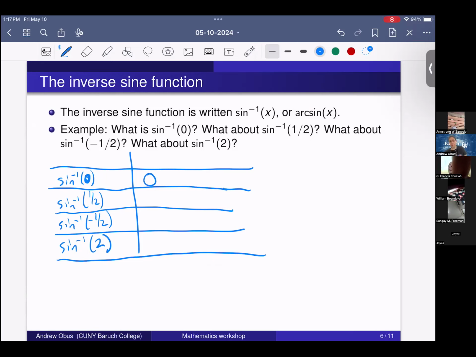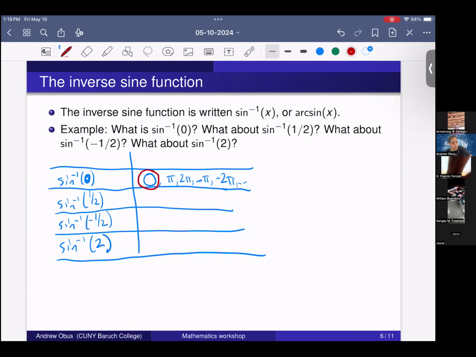Sine of 0 is equal to 0. And now there are other angles whose sine is equal to 0. You can also have pi and 2 pi and minus pi and minus 2 pi and so on. But what angle has a sine equal to 0? In this case, it's just 0. And in fact, this is going to be the preferred value, so I'm going to circle it in red.